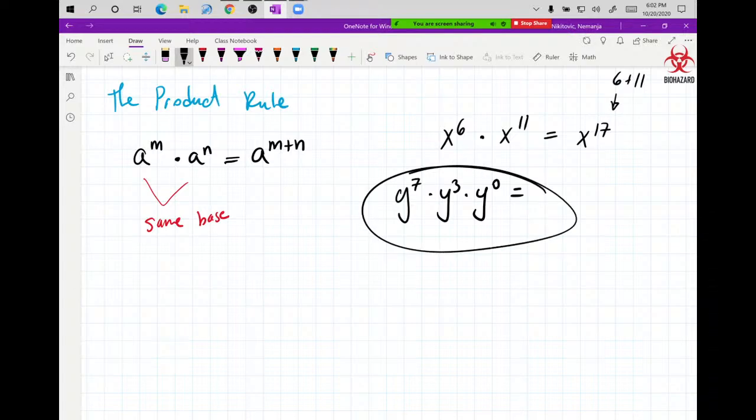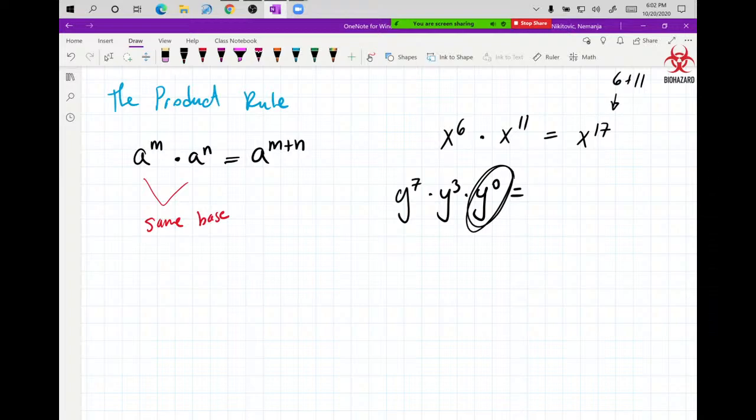Y to the 10th. Perfect. But what happened with this one? There's no exponent. Well, there is, but it's a 0. So you would add it in as plus 0 in the exponent. You don't have to have only 2. You can have as many of these as you want.